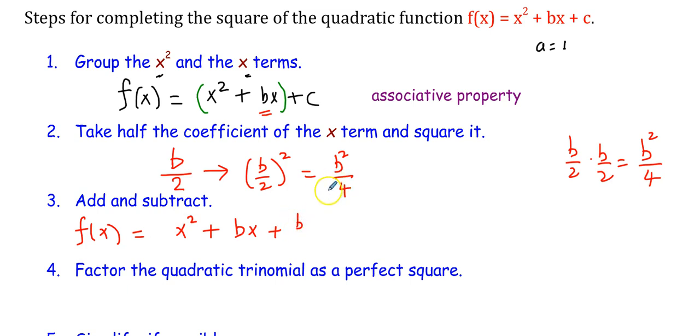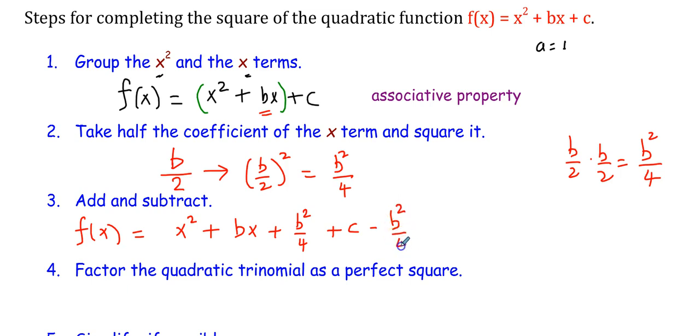What I got in the second step, I have to add and subtract in the third step. So that is b squared over 4. Plus c is already there, given to me. Then I'll minus b squared over 4.